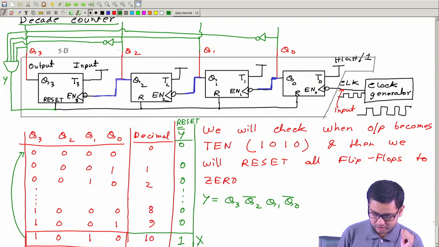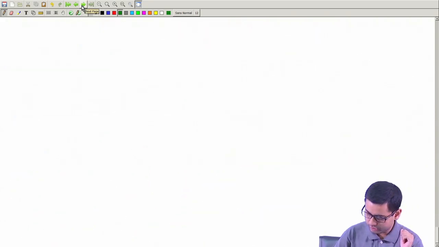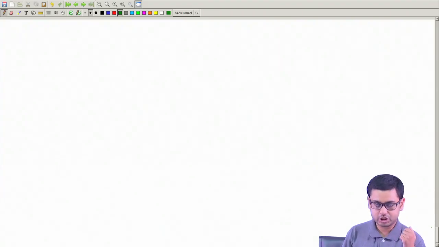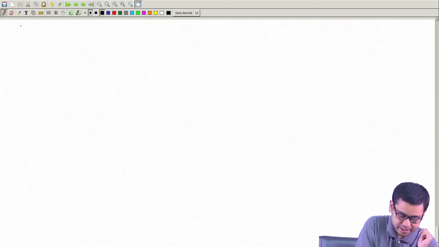So we will talk about another topic now, which will also be useful for making digital instruments. This is a display unit. We call it a 7-segment display.